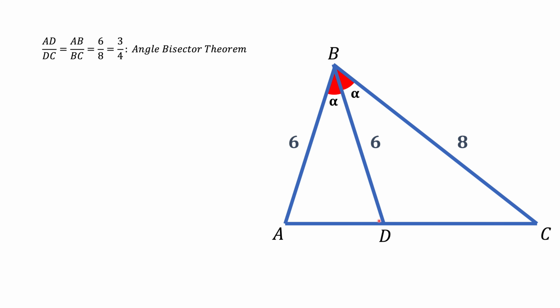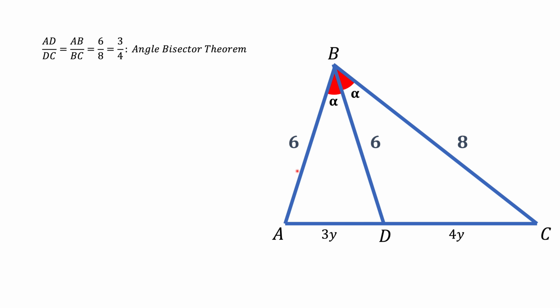That actually says that this bisector BD splits the side AC in two segments, and the ratio of these segments equals to the ratio of two other sides of the triangle. So AD to DC will be equal to AB to BC. And that equals to 3/4, which means that if we say that AD equals to 3y, where y is unknown for now, DC has to be 4y.